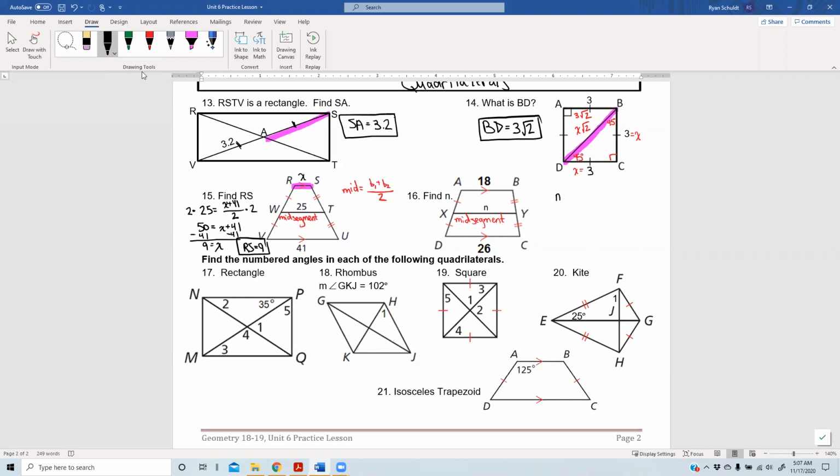Well, I know that n will equal 18 plus 26 divided by 2. So you add these together, you get 44 over 2. 44 divided by 2 is 22. So that gives me n equals 22.